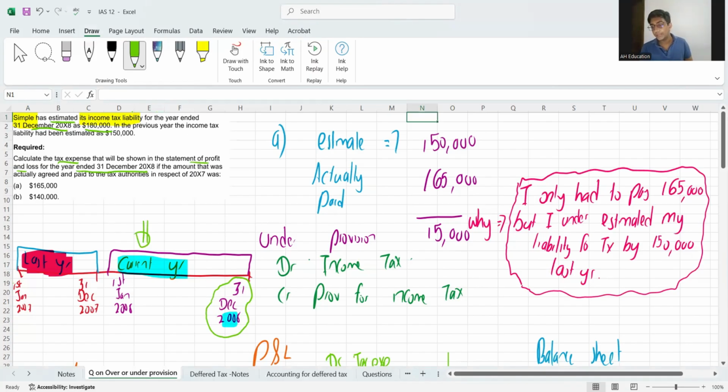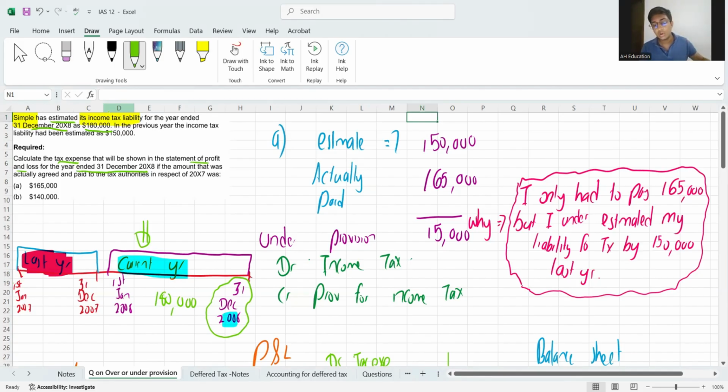It says that for our current year, which ends on 31st December 2008, we are expecting that our tax payable might be 180,000. Now, this is what we are expecting, right? I'm not confirming that it will 100% be 180,000. No, this is just an expectation for your current year.